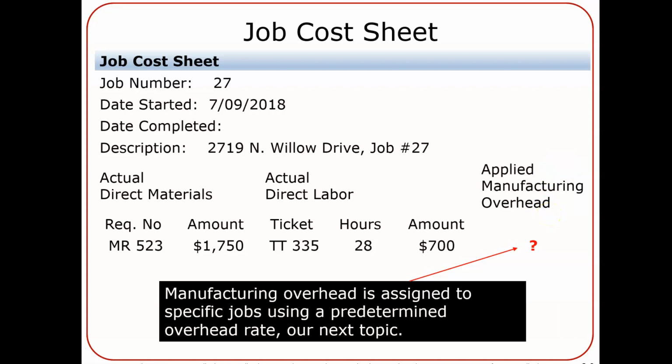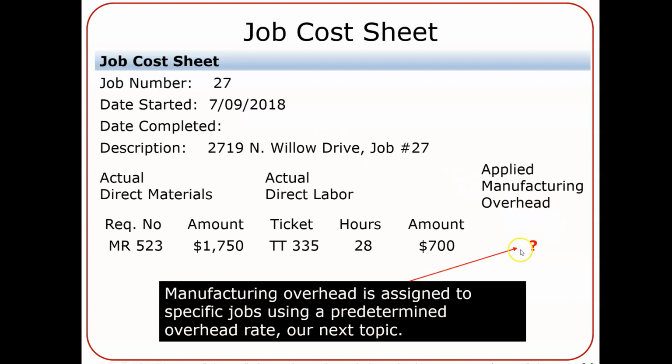Now, how do we know how much manufacturing overhead? We don't really know the exact amount of our manufacturing overhead for the period, which could be a whole year, until the year is finished. But we need to know how much to charge to this job now. We can't wait. This job started in July, and perhaps it's going to finish up before the end of the year.